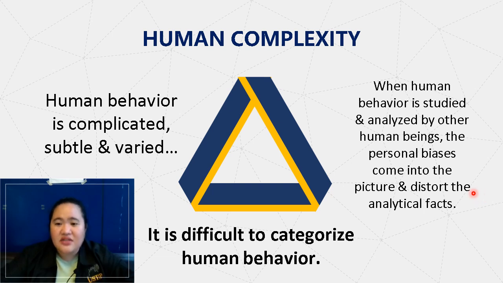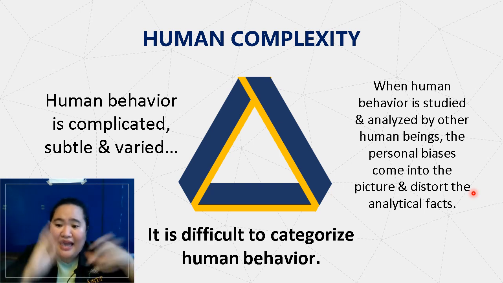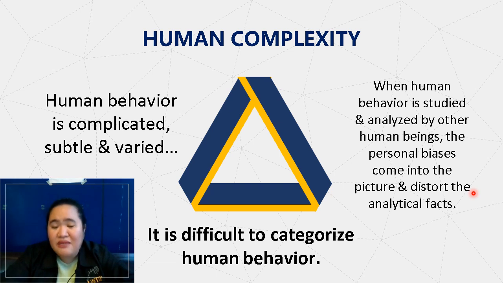Say one person you are studying is a very big introvert, who doesn't share his life in public, while another is a very big extrovert who wants to put his whole life out in public. So how are you going to compare two different things? You cannot compare two different things. So that's one limitation of scientific methods: human complexity.